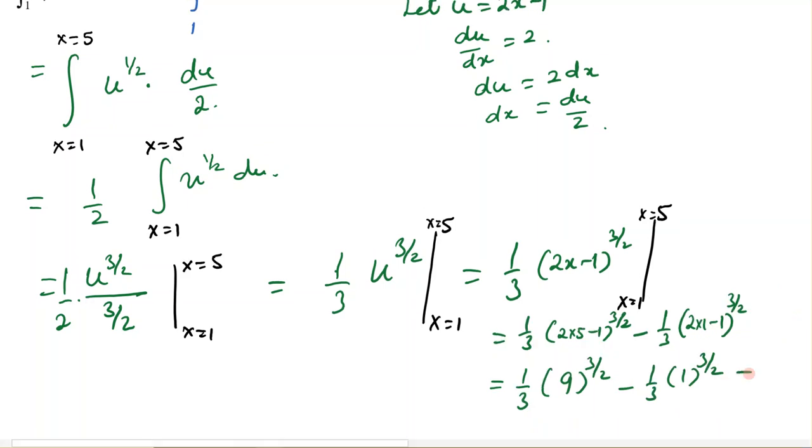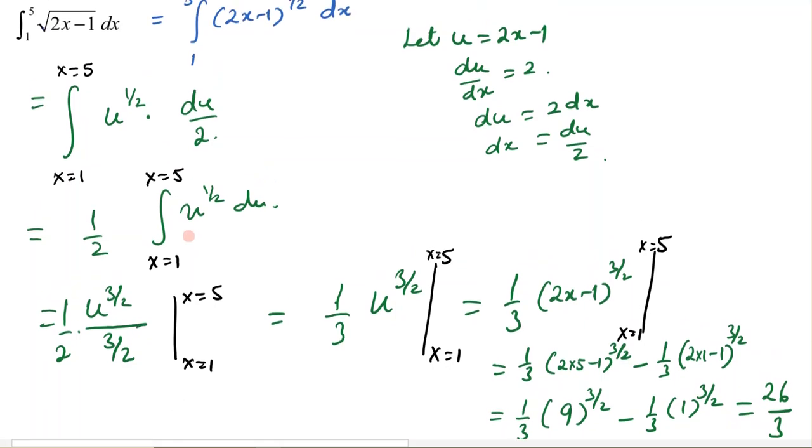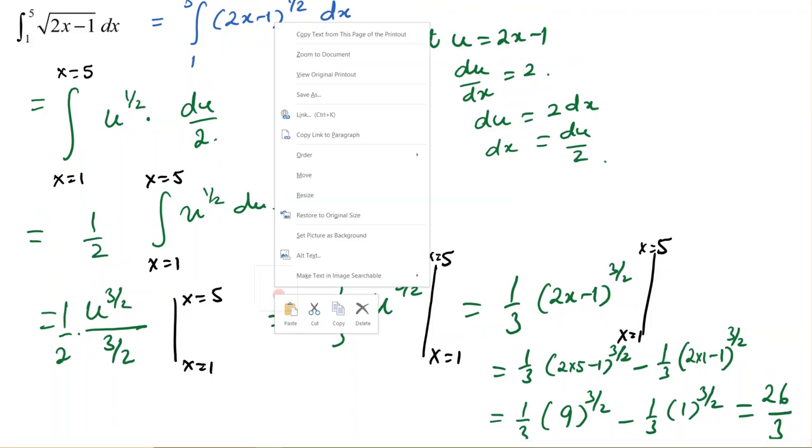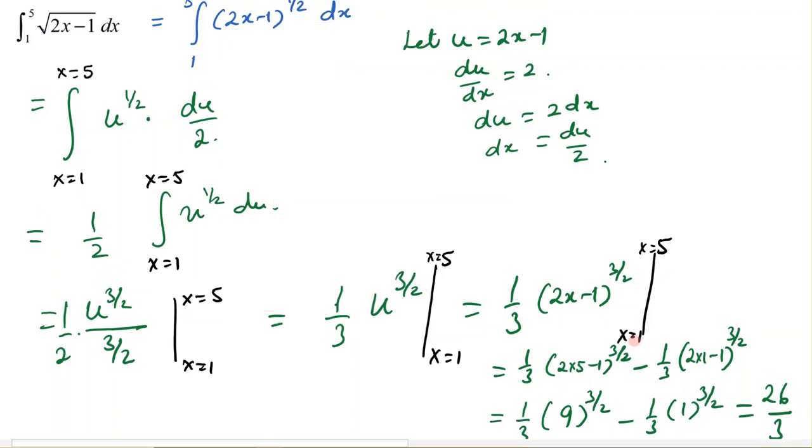When we do the calculations, we get 26 over 3 as our answer. This is the value of our given definite integral. That's one method, where we don't change the values of the limits and just keep them in terms of x.